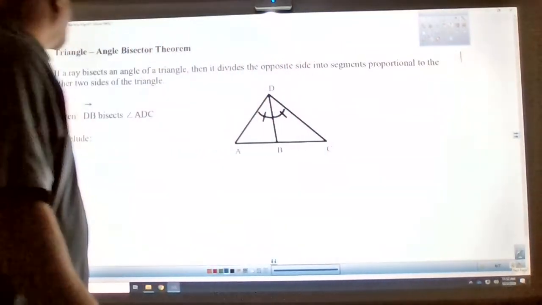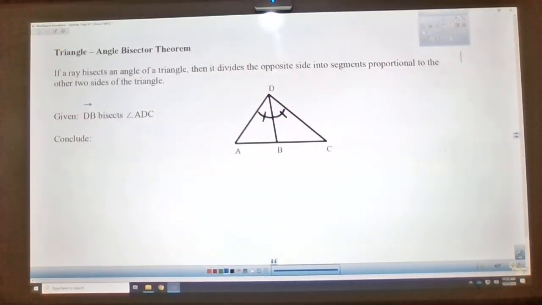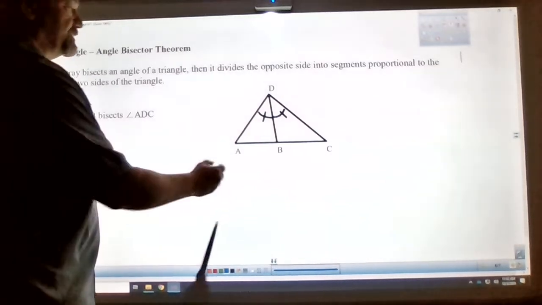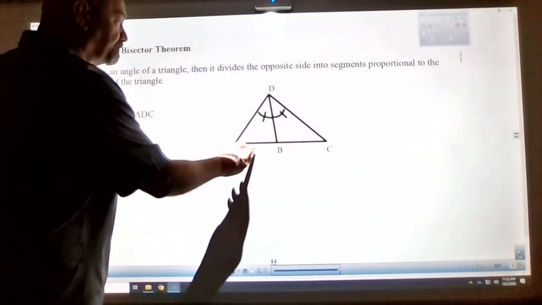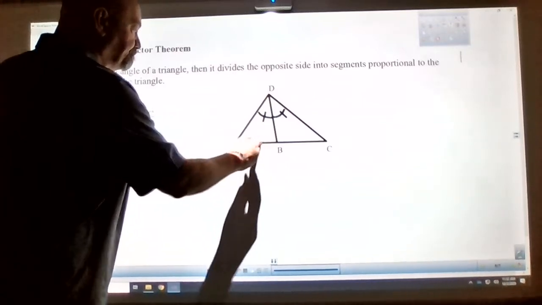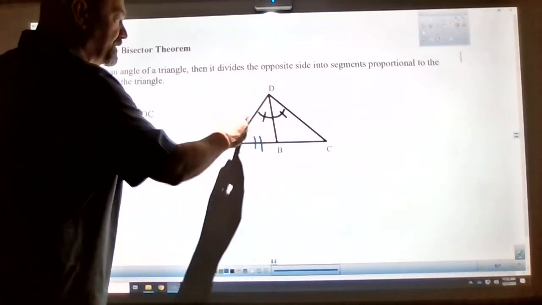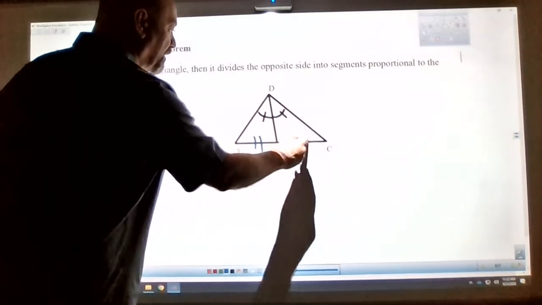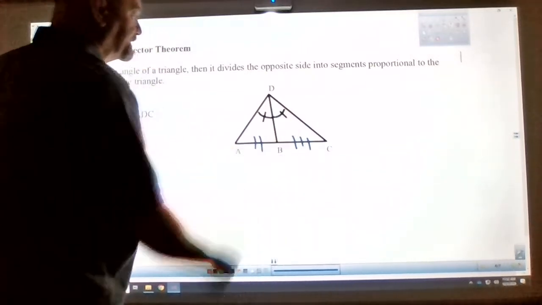Looking at this one. The angle bisector theorem says if a ray bisects an angle of a triangle, then it divides the opposite side into proportional parts. So that means that what happens is this part right here goes with this side, and this part right here goes with this side.